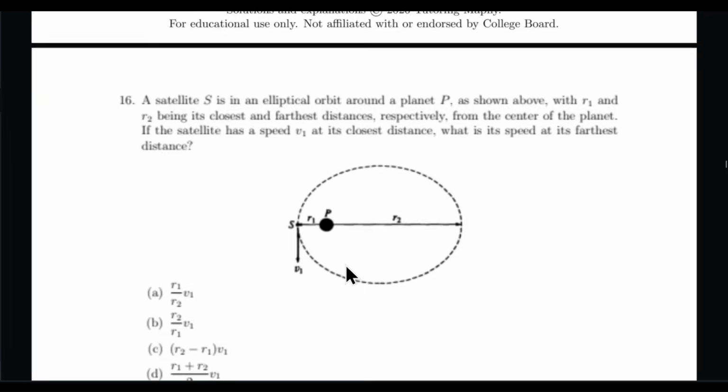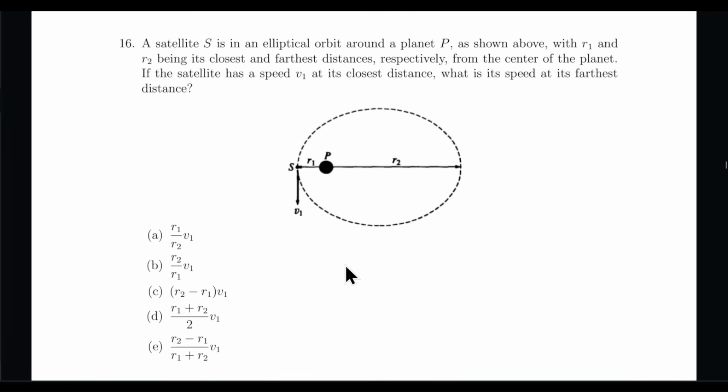All right. Over here, satellite S is in an elliptical orbit around the planet M, with R1 and R2 being its closest and farthest distance respectively. What is the speed at the farthest distance if the closest one has v1? This is again a conservation of angular momentum.